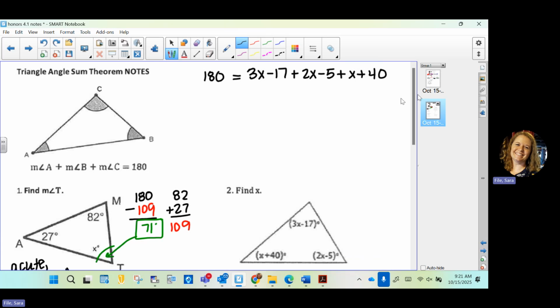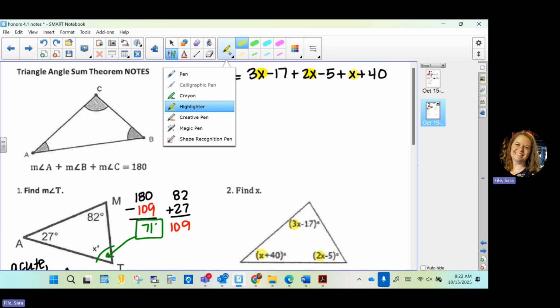It doesn't matter. Okay, now some of you are not going to write all of this out. You're going to look at your picture and combine your like terms instead of writing it out like this. I don't care if you write this all out or if you combine your like terms in the picture first, but how many x's is that?